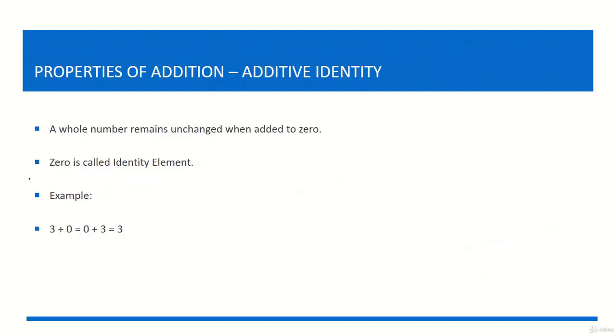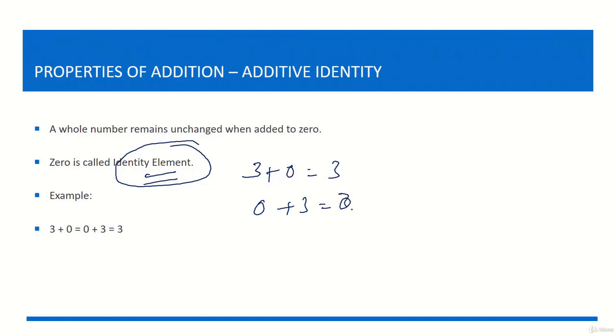Next is the properties of addition, that is additive identity. A whole number remains unchanged when added to 0. 0 is called the identity element. Whatever number you add to 0, the result is not going to change at all. For example, 3 plus 0 is equal to 3, or 0 plus 3 is equal to 3.